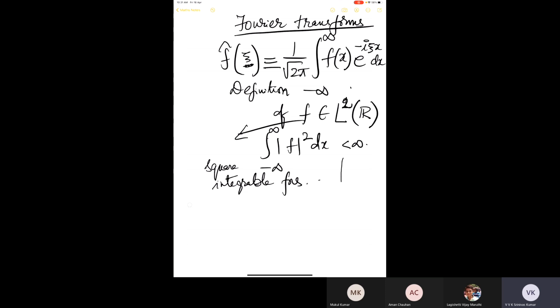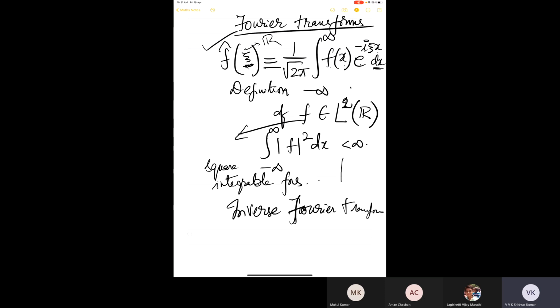So for any f which is square integrable, we can define this f cap, that is the Fourier transform, at any point xi. Xi is also in R. At any point xi it is the integral of f(x) exponential minus i xi x dx. Then we have the inverse Fourier transform.